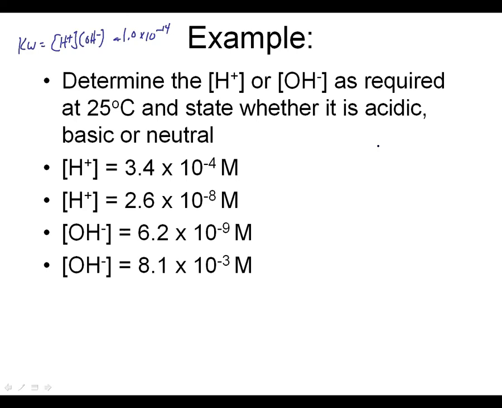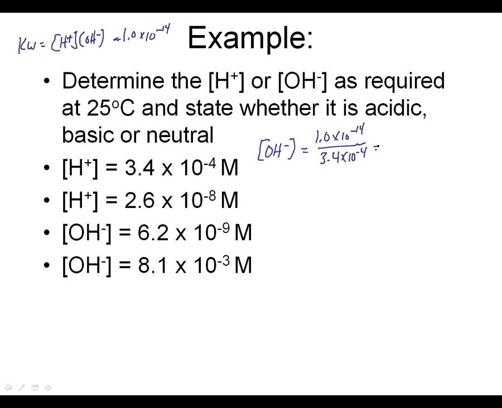So if we look at the first one, we're looking for the OH minus concentration. We're going to take 1 times 10 to the minus 14 and divide it by the 3.4 times 10 to the minus 4. Again, we want to make sure we use our exponent button.